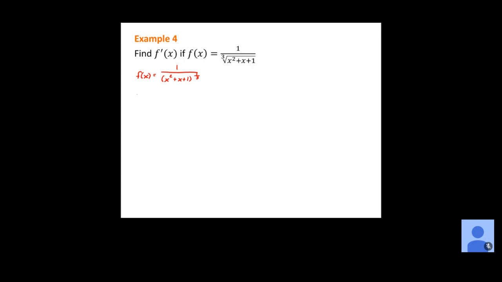Becomes negative. Perfect. So I'm going to rewrite this now as just f of x equals x squared plus x plus 1 to the negative 1/3 power. So by doing that, now we've eliminated the need to use quotient rule, right? So now we can just think of it this way. Now, what rule are we going to have to use on this one, though?